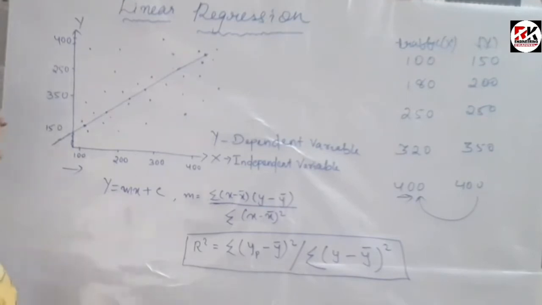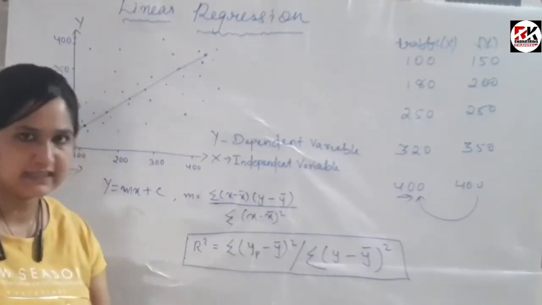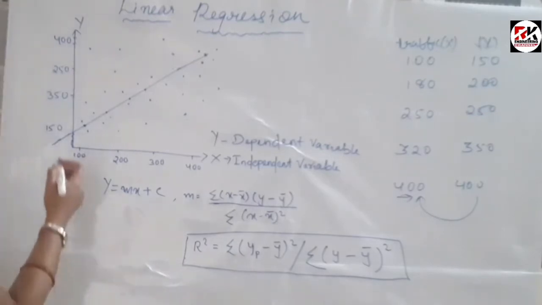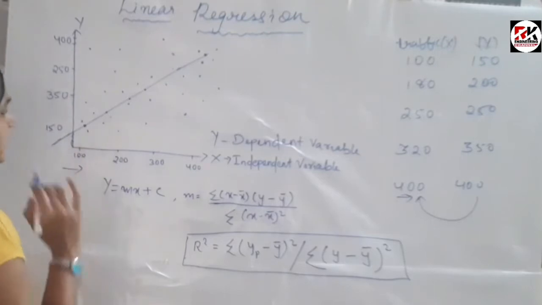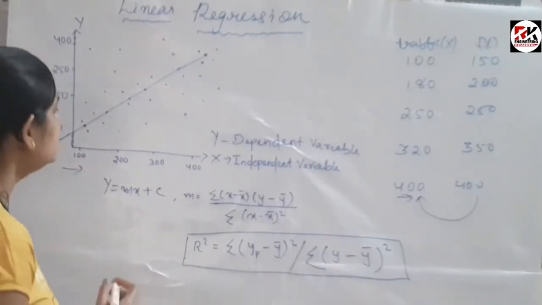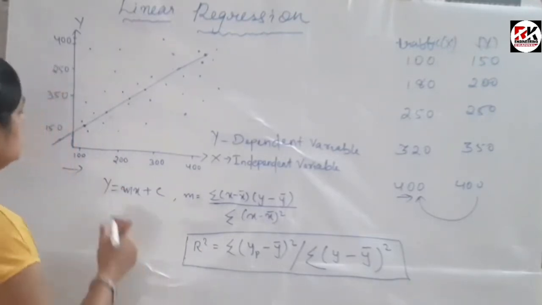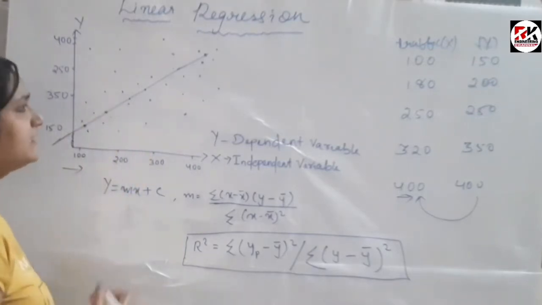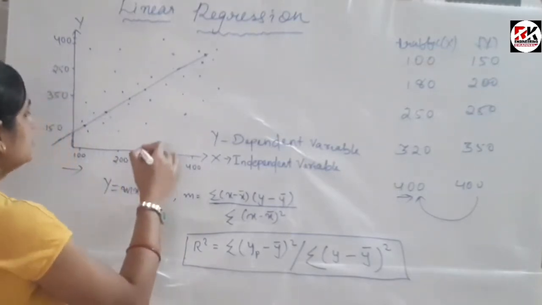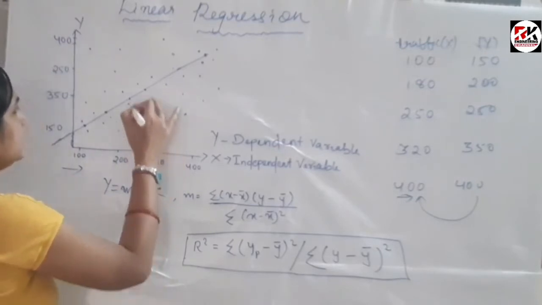If I try to plot with respect to my x and y axes: when the x value is 100, y is 150, and I get a point here. When the x value is 180, my y value is 200, and I get a point over here. Again, when my x value is 250, y is 250, so in between I get a point.